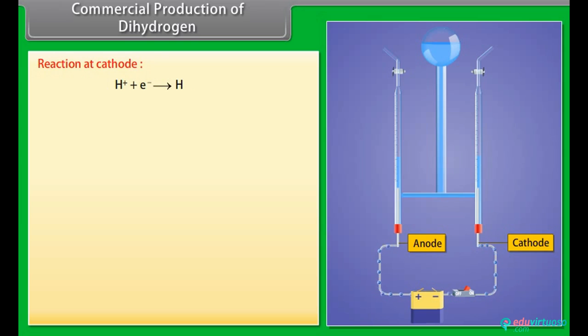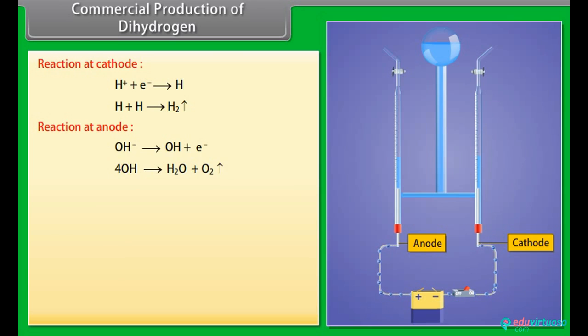H+ plus electron gives H. H plus H gives H2. Reaction at anode. OH- gives OH plus electron. 4OH gives 2H2O plus O2. Overall reaction. 2H2O gives 2H2 plus O2.